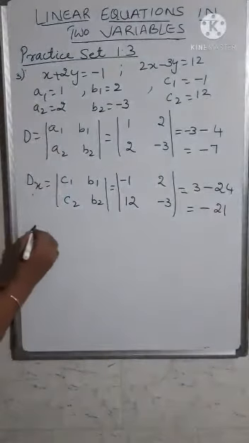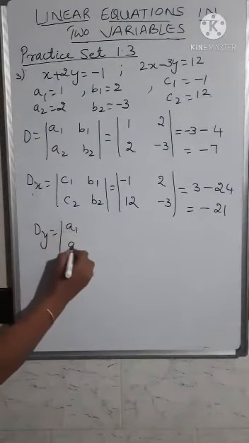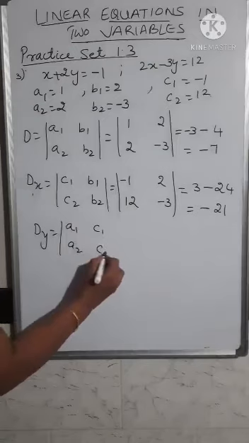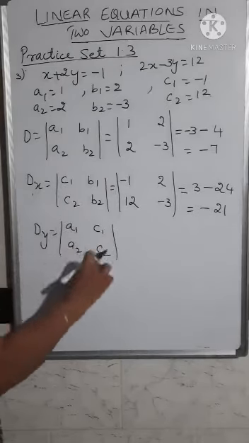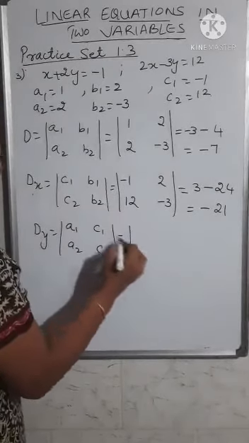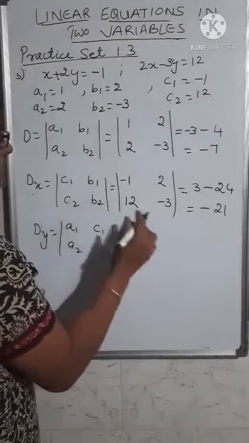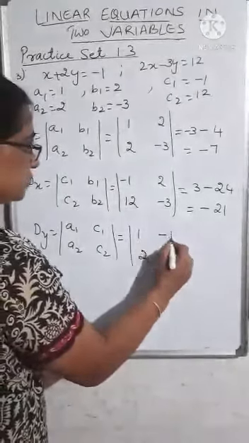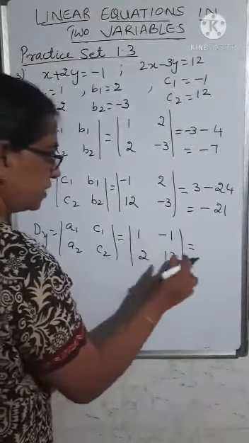Now next you have to find out what is the value of dy. So dy is given by a1, a2, c1, c2. And once you know the formula properly, there is no need to write this one. Directly you can write the values there. Now here a1, a2 is 1, 2. c1, c2 is minus 1 and 12. So cross multiplying, here you get 1 into 12 is 12.